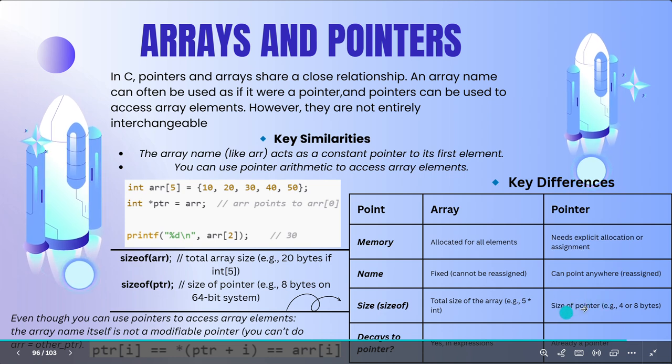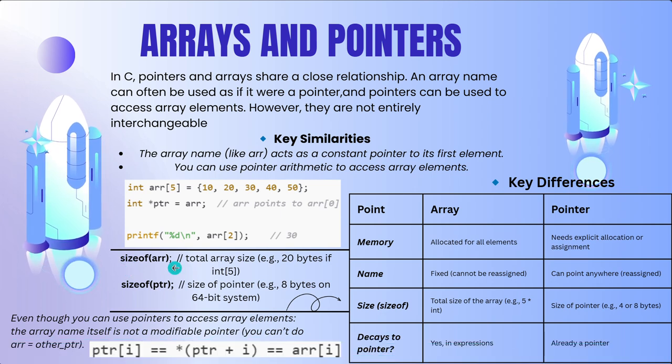Here the array decays to a pointer in expressions, while a pointer is already a pointer. So sizeof(ARR) prints the total array size, for example 20 bytes for int ARR[5]. Okay, 5 times 4 equals 20, because int has 4 bytes, so 5 into 4 is 20.